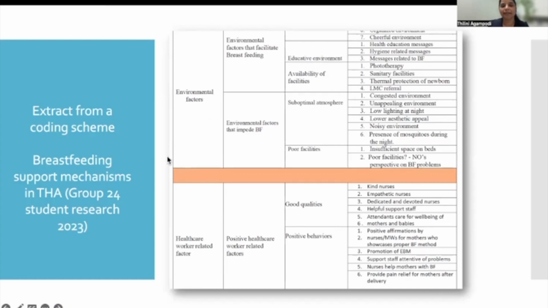So this is about breastfeeding support, right? There are major themes and sub-themes, right? Sometimes the environment is a support for breastfeeding, and there are different aspects of the environment which are supportive and which are not supportive, right?